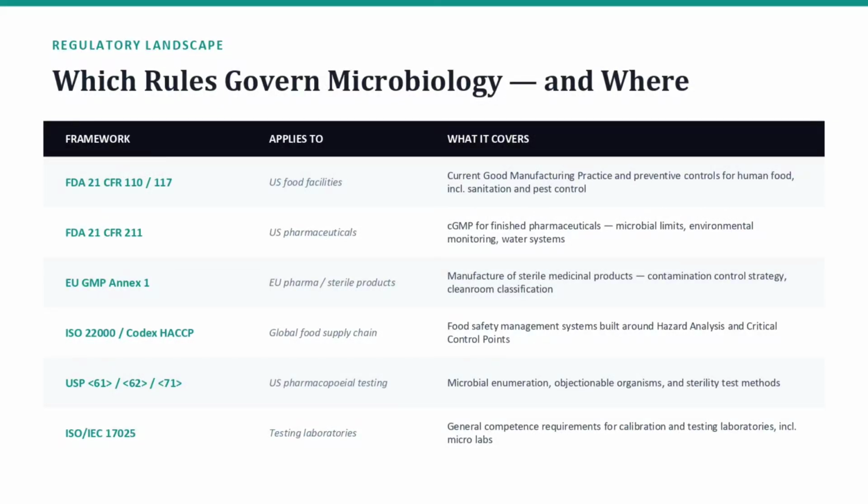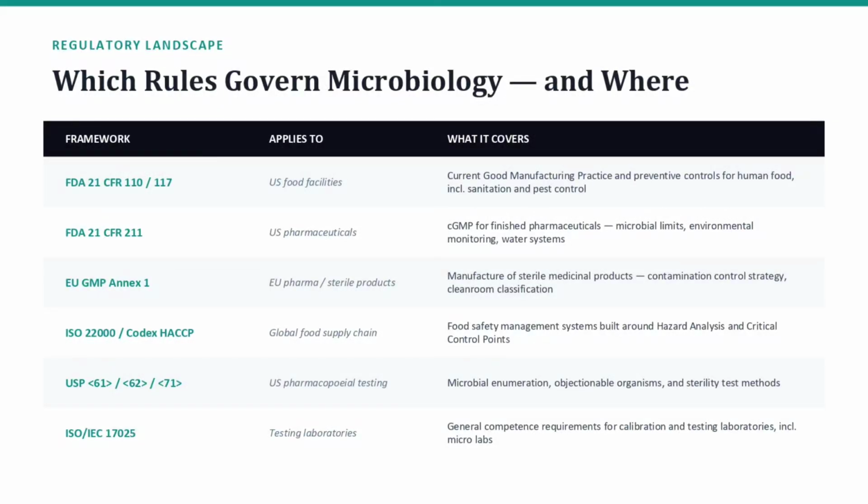USP Chapters 61, 62, and 71 govern U.S. pharmacopeial testing. These cover microbial enumeration, testing for objectionable organisms, and sterility test methods specifically. And ISO IEC 17025 sets general competence requirements for calibration and testing laboratories, including microbiology labs specifically.